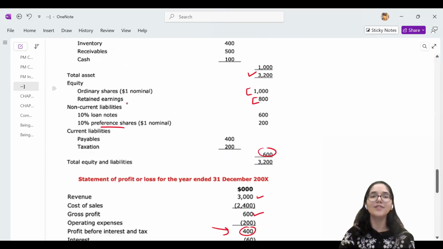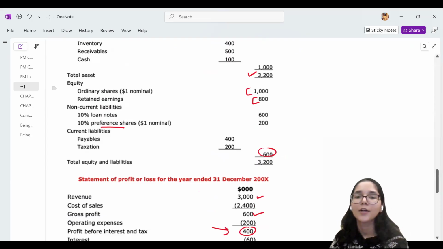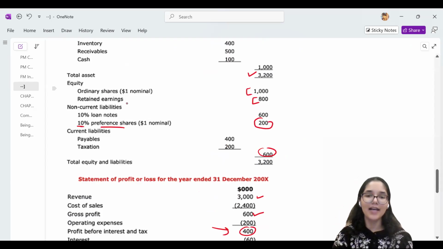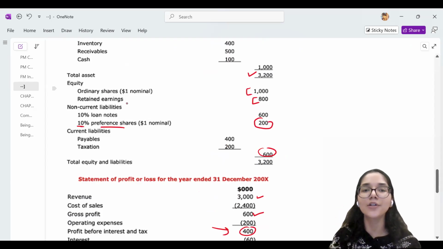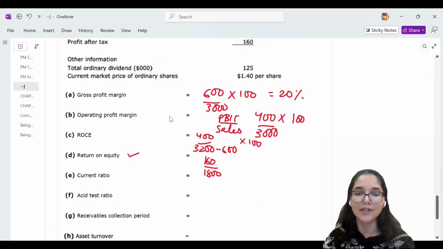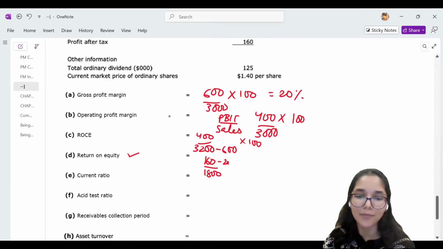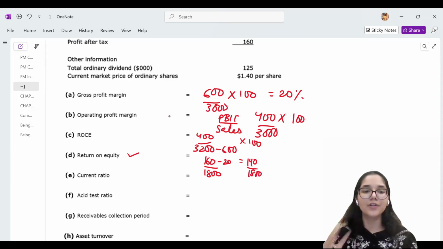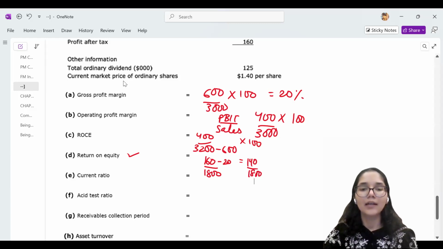So I have to also take away the preference dividend. 200 is the value of my preference shares. 10% goes away as dividend. So 10% of 200, which is 20, will be the preference dividend. So you take away 20 from here. This will give you 140 as the numerator, 140 divided by 1800. This will give you the final answer for the return on equity.